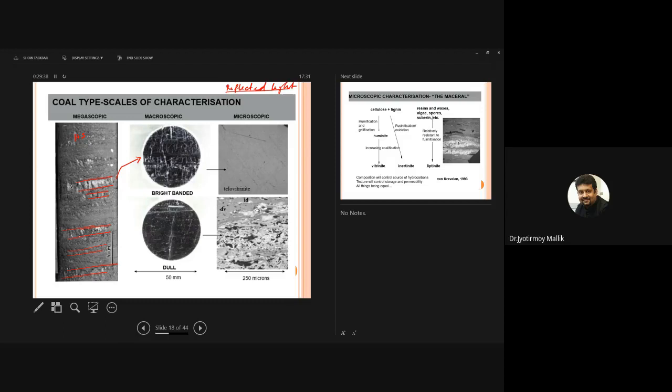So you can observe another beautiful thing here, that these bright bands are extremely fractured. They are filled with natural fractures, and they have a very consistent orientation as well.